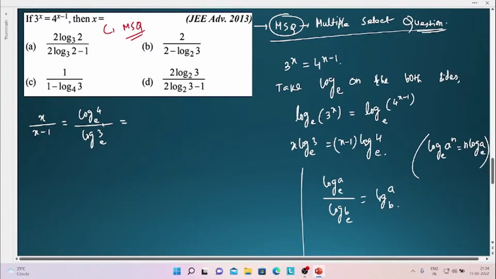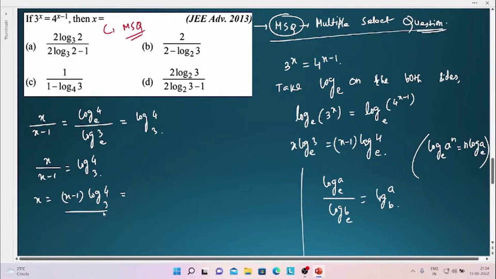So we can write this equation as log 4 base 3. So x upon x minus 1 equals log 4 base 3. So x equals x minus 1 times log 4 base 3, right?